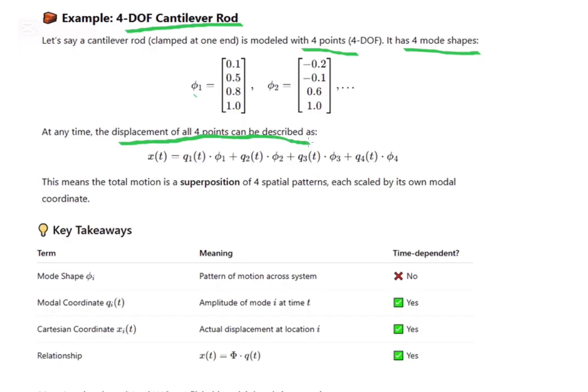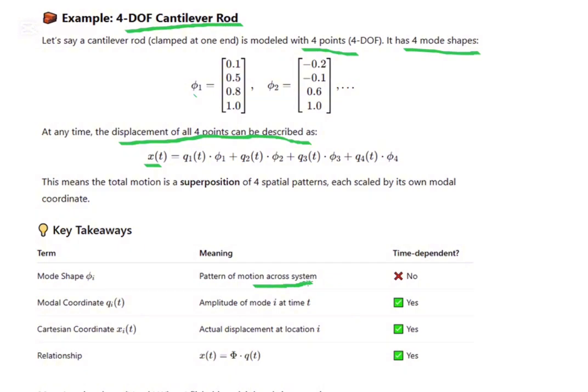At any time, the displacement of all 4 points can be described as x of t equals q1 of t times phi1, plus q2 of t times phi2, and so on. This means the total motion is a superposition of four spatial patterns, each scaled by its own modal coordinate. So a mode shape is a pattern of motion across the system.